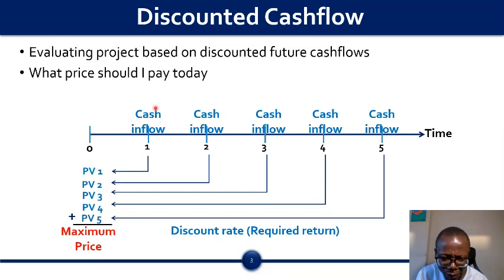You are getting cash flow in period 1, 2, 3, 4, and 5, and you discount that cash flow to the present value. Then when you add all the present values, that is the maximum price. And you need a required rate of return, which you use to discount these cash flows.